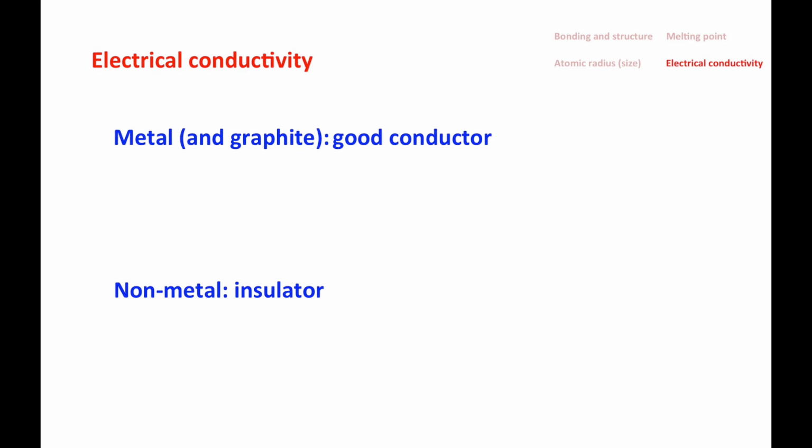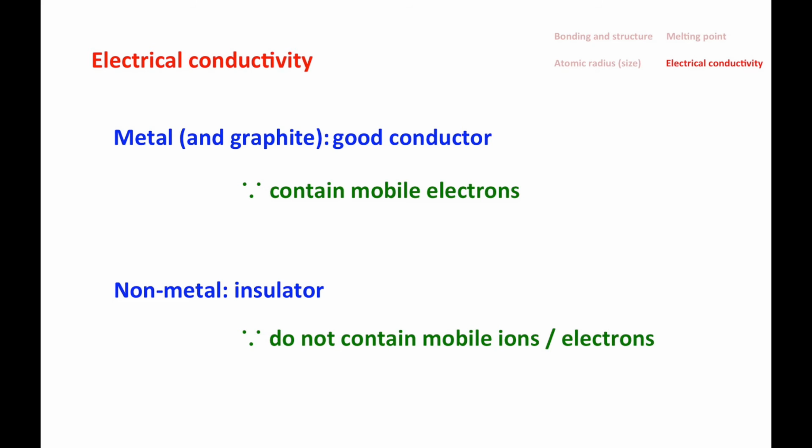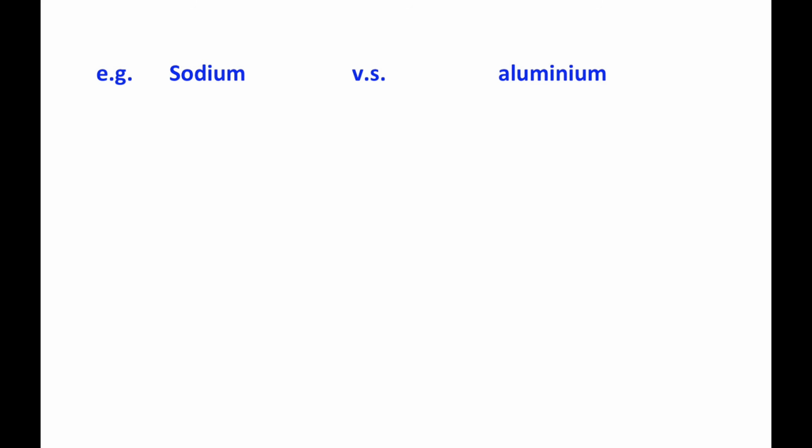Finally, we come to electrical conductivity. You have learned that metals and graphite are good conductors and non-metals are insulators. The reason, once again, you learned in grade 10: metals carry mobile electrons, while non-metals do not, so non-metals are insulators. But how about the comparison of metallic conductivities?